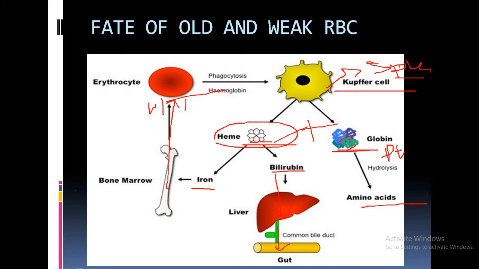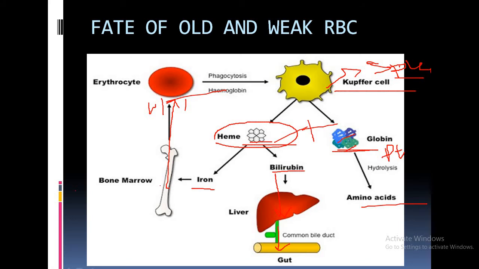The globulin is the protein which after hydrolysis will form amino acids, and iron will be separated from the heme, and bilirubin will be converted into bile by the liver, stored in the gallbladder and added to the alimentary canal, which helps in the digestion of fats.